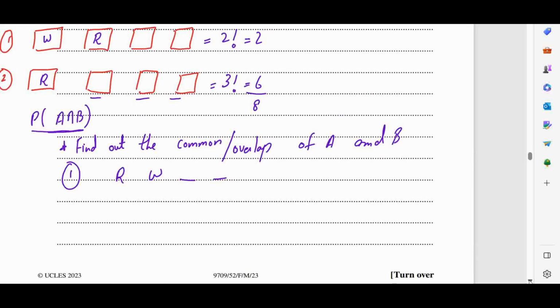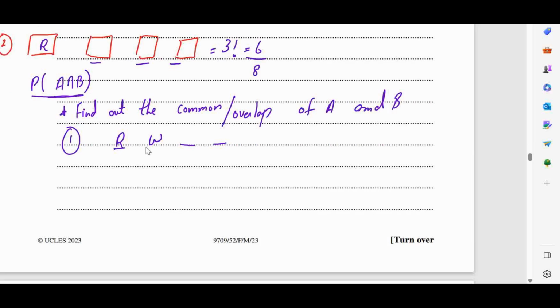So red marble can be at this place, and red marble can be at this place again, and the white marble must be over here because it can be in L and M. So we will have these two possibilities. This is the common point for both the regions. So these are the total possibilities.